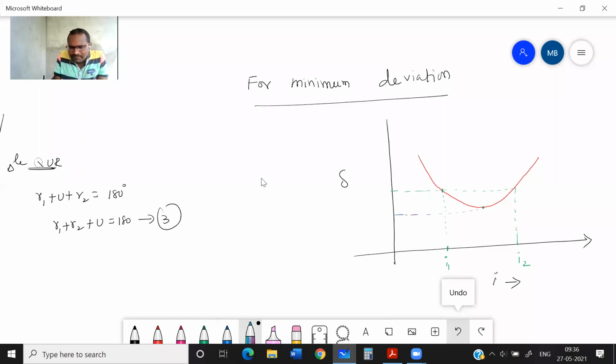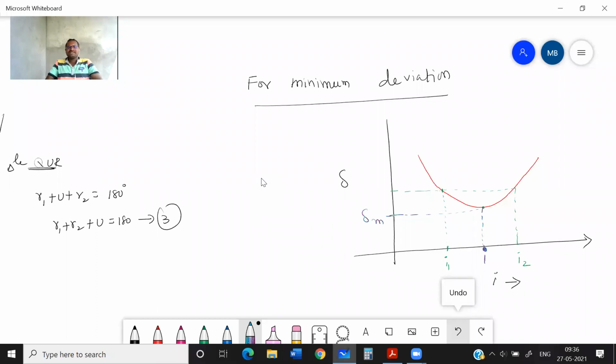For this minimum deviation, the angle of incidence is only one value. After that, if you increase the angle of incidence again, deviation starts increasing again. Again, you will have two types of deviations.